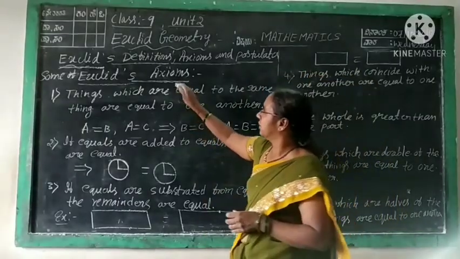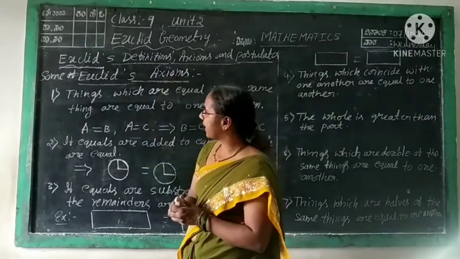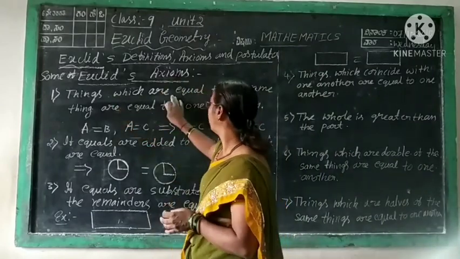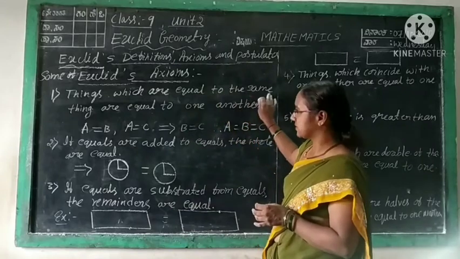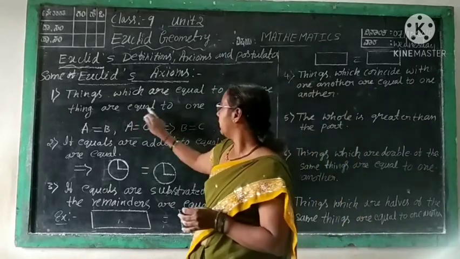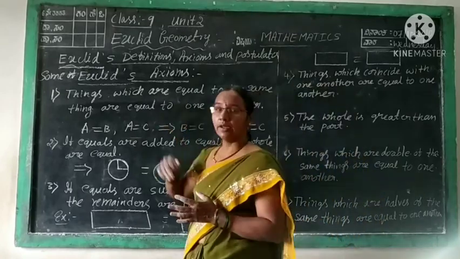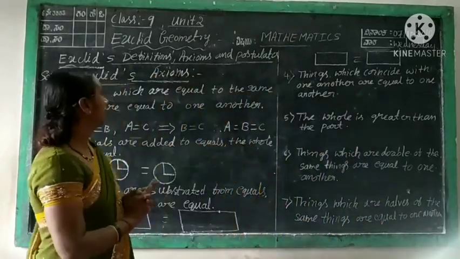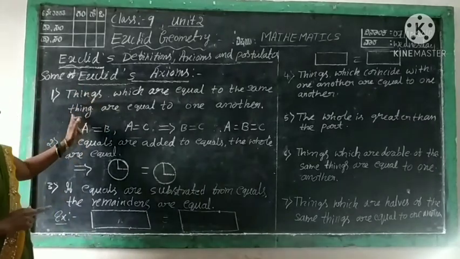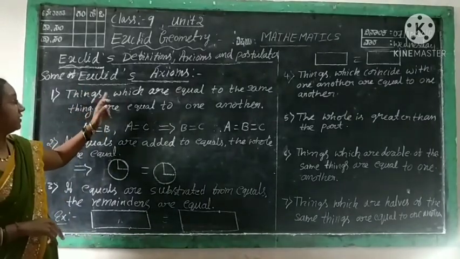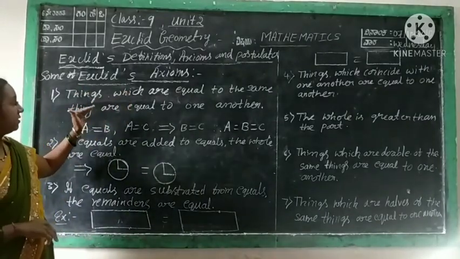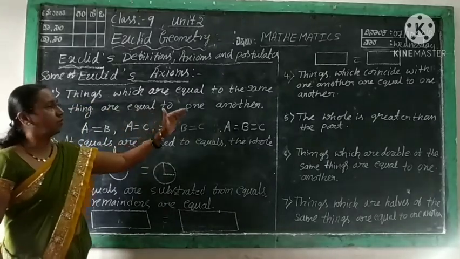Euclid's axioms. The first axiom is: things which are equal to the same thing are equal to one another.